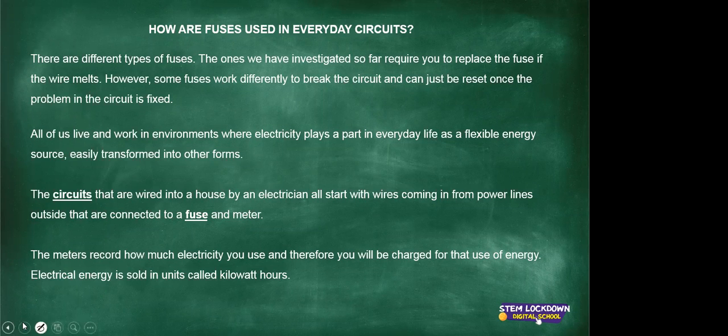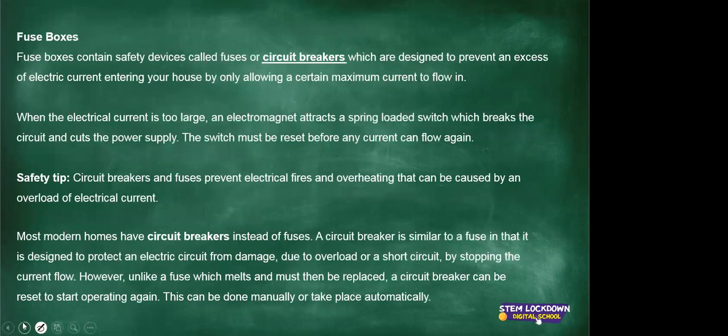Okay, so the fuse boxes contain safety devices called fuses or circuit breakers, which are designed to prevent electrical fires and overload of electrical current. The electrician knows how much current your home would need, and this is why they put the fuse by your meter.